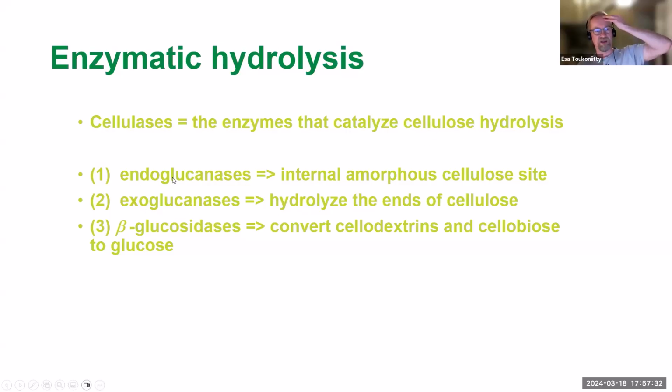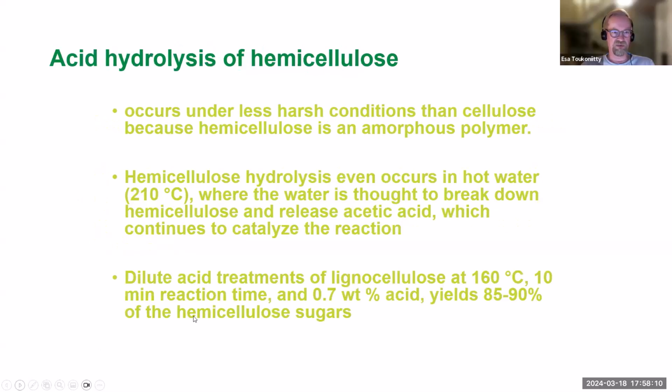The names are not so important, but the different enzymes have different functionalities, so they attack different parts of the chain. Some attack at the end of the chain, some attack in the middle of the chain, and then some convert the shorter chains, cellodextrins, cellobiose, into even shorter, down to the monomers, glucose. So the action is not very simple, there are different steps.